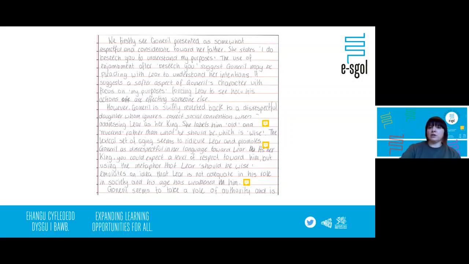So here, some nice, clear support, okay? So AO2 here, clear support. The lexical set of age seems to ridicule Lear and promotes Goneril as disrespectful in her language towards Lear. As her king, you could expect a level of respect towards him, but using the metaphor that Lear should be wise suggests that Lear is not adequate in his role in society and his age has weakened him.